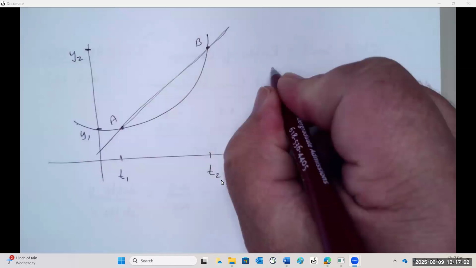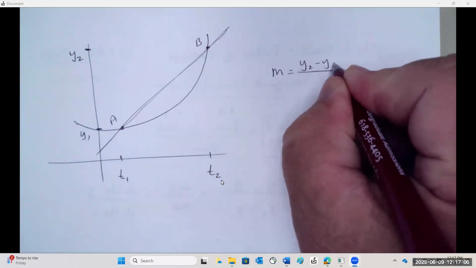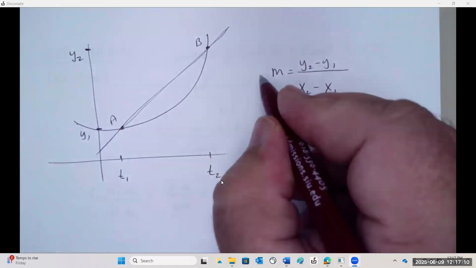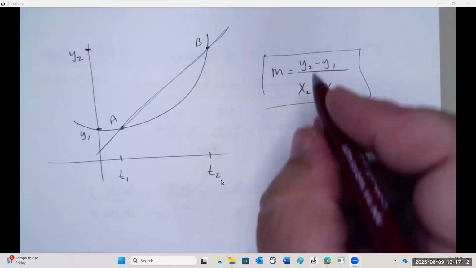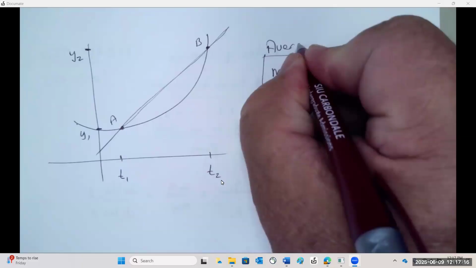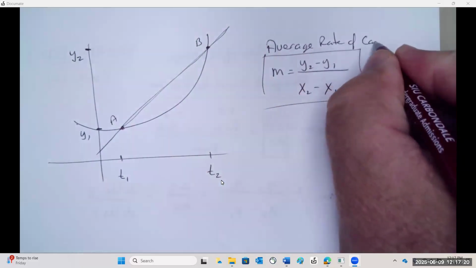Now, what we've talked about so far, this is not a bad formula. It's called the average rate of change formula.